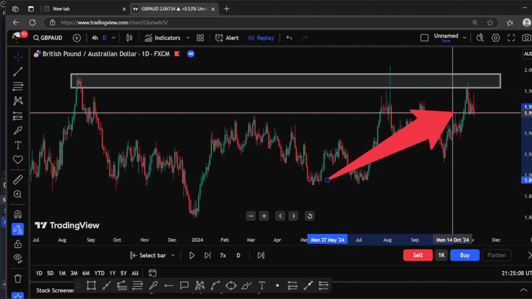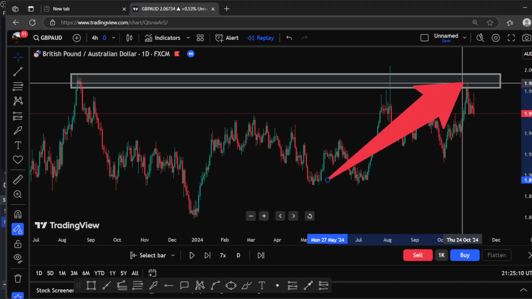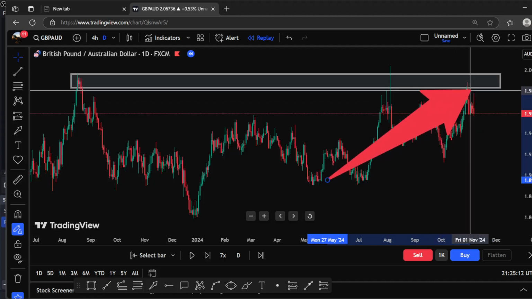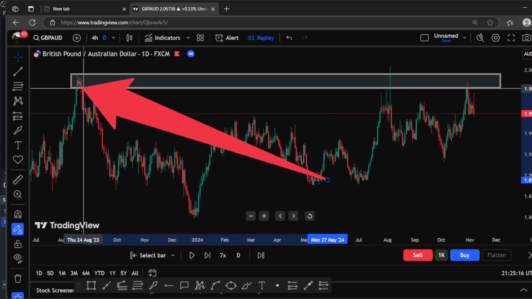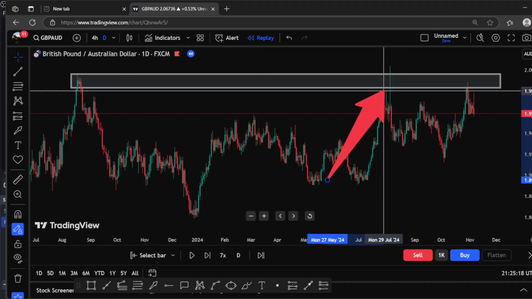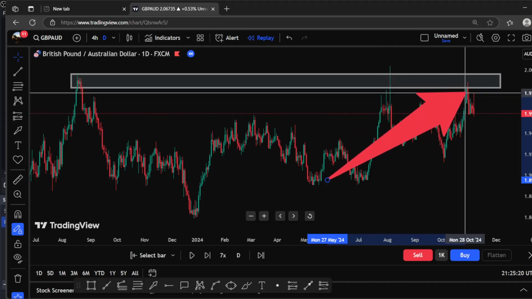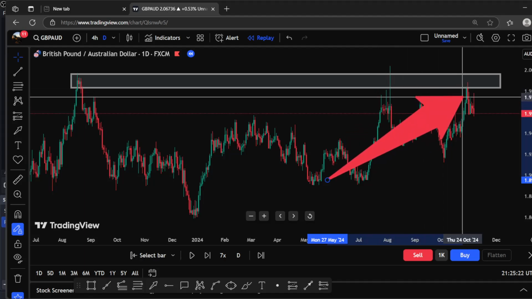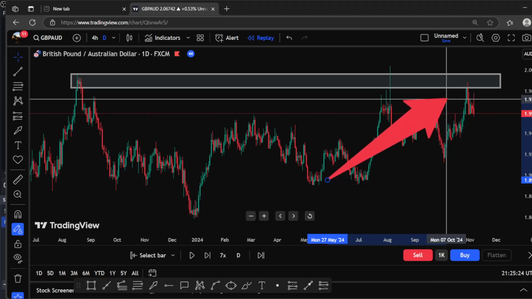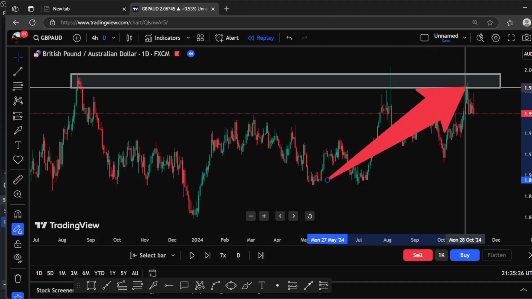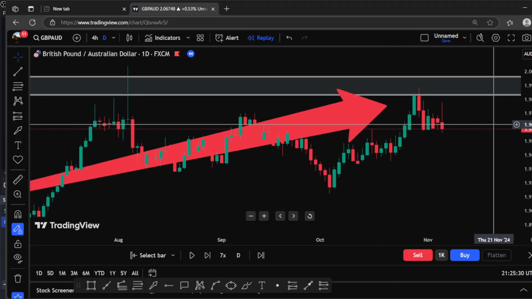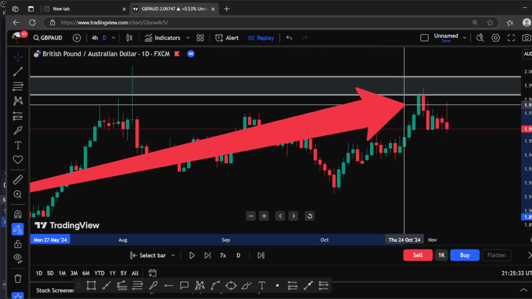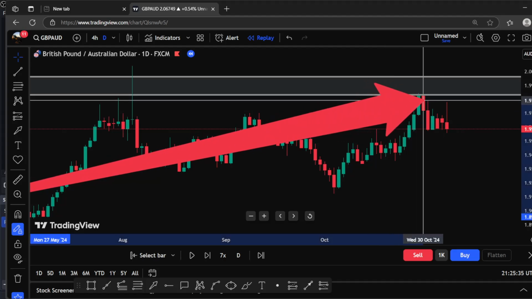So when this happened, you will be keen to go short, because support and resistance traders believe that the more touches of a level, the more convincing the level is. So this is basically, in a nutshell, getting more sellers in the market.